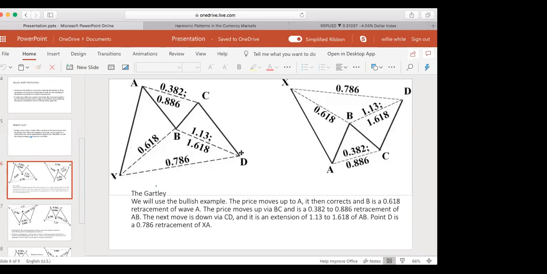You will find these what you call M's and W's. You don't realize it now, but after this, you'll probably start realizing, hey, that's a harmonic pattern. You never knew it until now.